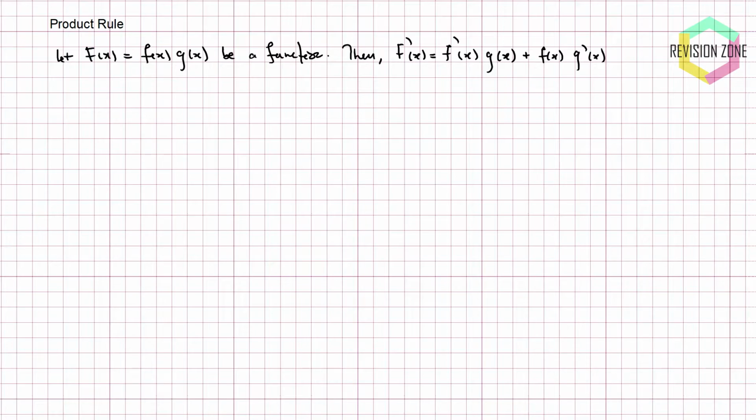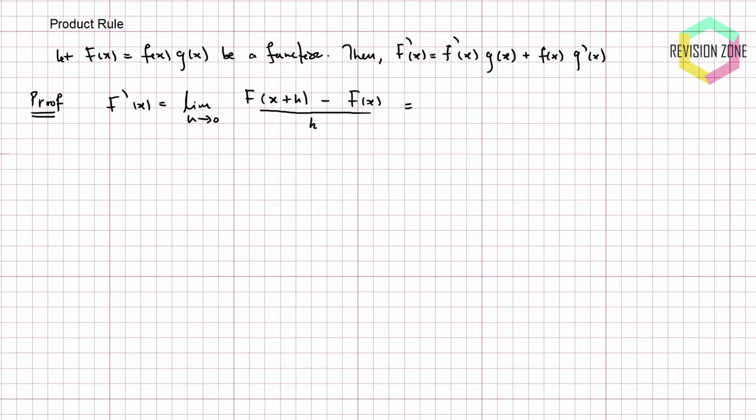So of course I'm just going to say proof, and we're going to go to the definition of a derivative. We want to differentiate capital F. The definition tells me that I take capital F and evaluate it at two nearby points, x plus h and x, and I subtract them, and I divide the change in y by the change in x and take the limit as h tends to 0.